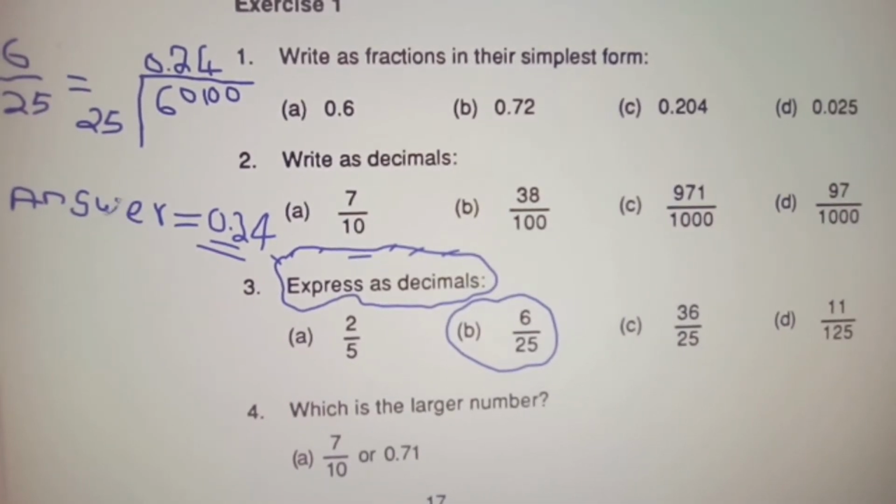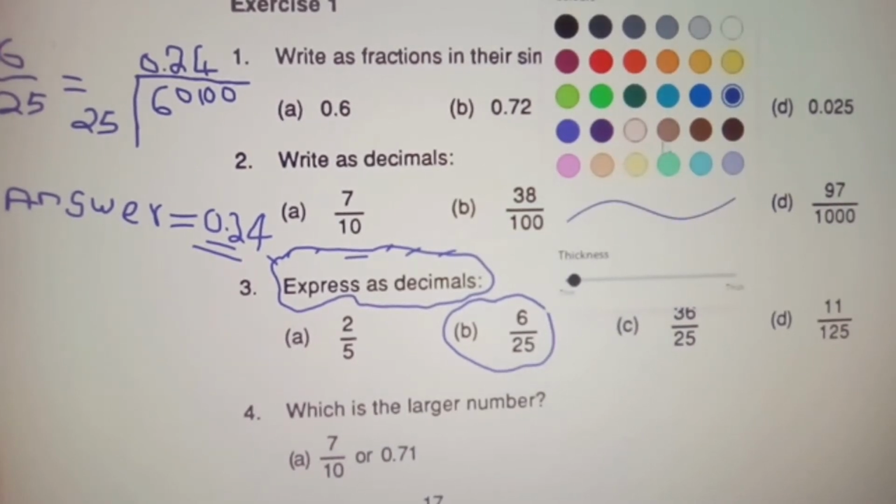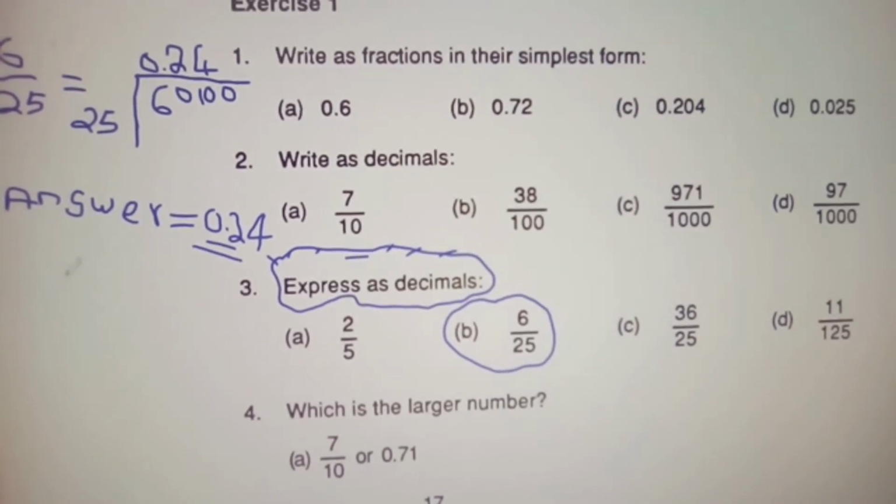And here, as I've shown you, this is what we're doing. Let me change the color of my pen and make sure that it is something that can be seen. Bright orange. This is the answer for this one here.